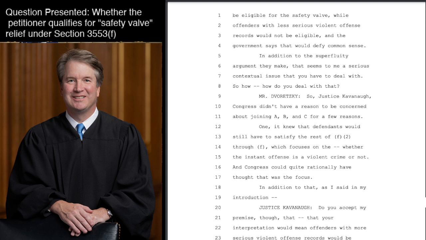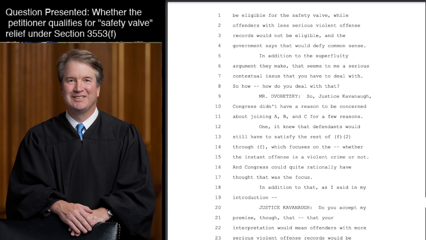So, Justice Kavanaugh, Congress didn't have a reason to be concerned about joining A, B, and C for a few reasons. One, it knew that defendants would still have to satisfy the rest of (f)(2) through (5), which focuses on whether the instant offense is a violent crime or not. And Congress could quite rationally have thought that was the focus.